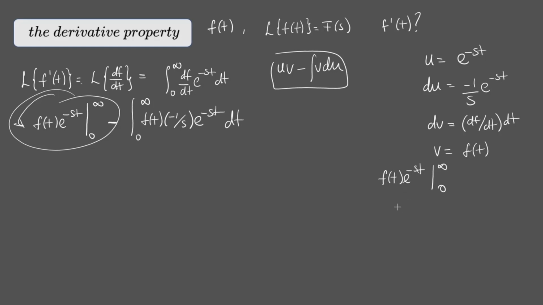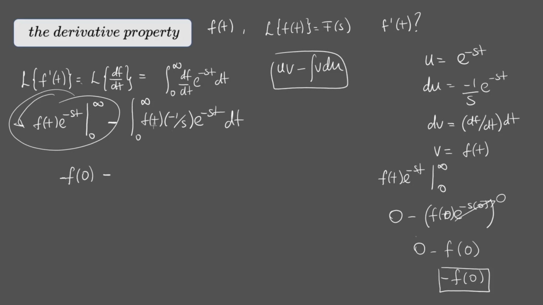So we're left with 0 minus f of t e to the negative s times 0. As t tends to 0, e to the negative s0 is 1, so it's 0 minus f of 0. So that's minus f of 0, the value of the function at time equals 0.